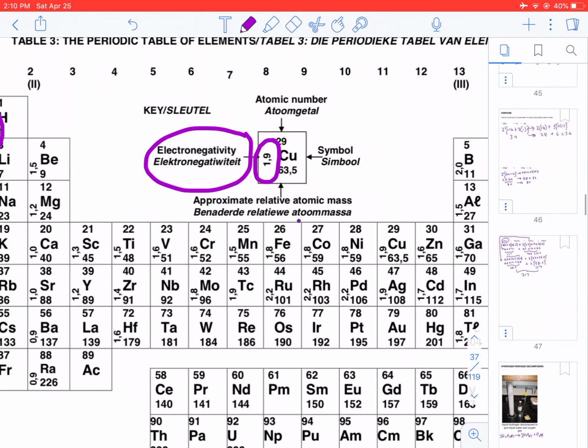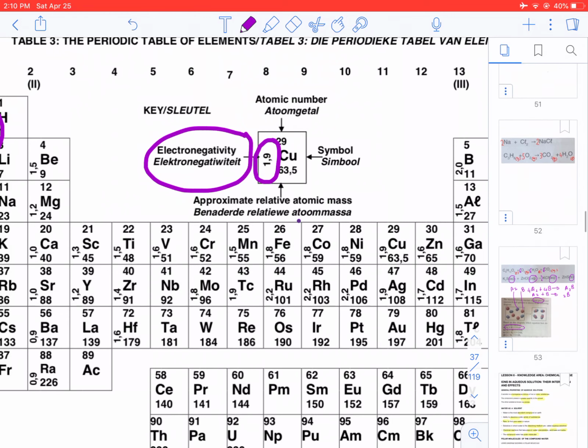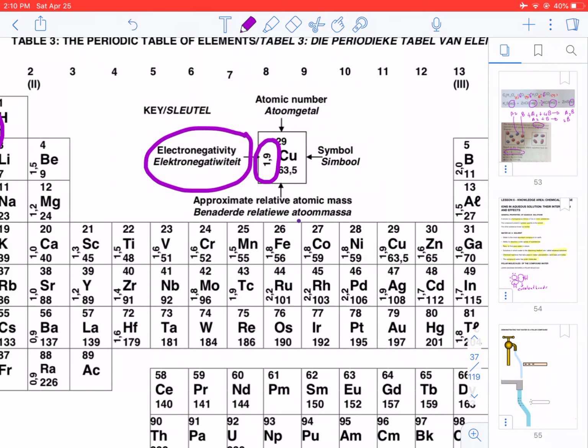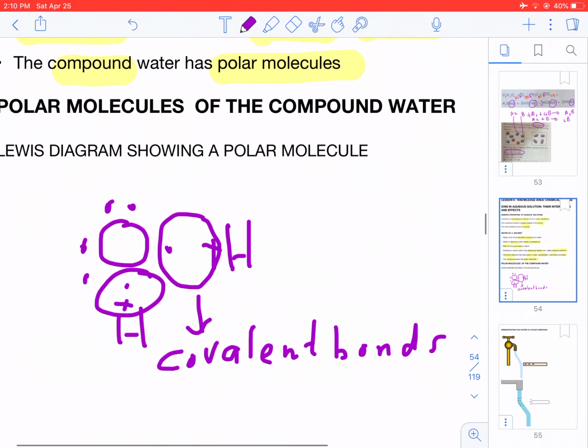Now we know that the shared pair aren't equally shared between the two atoms.